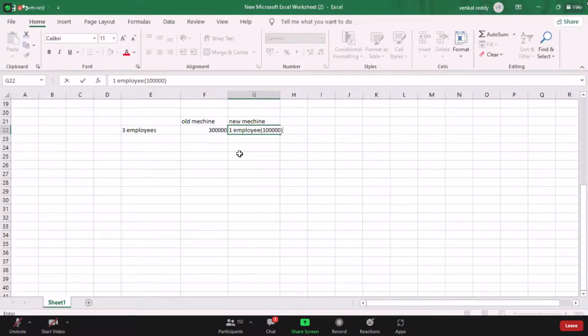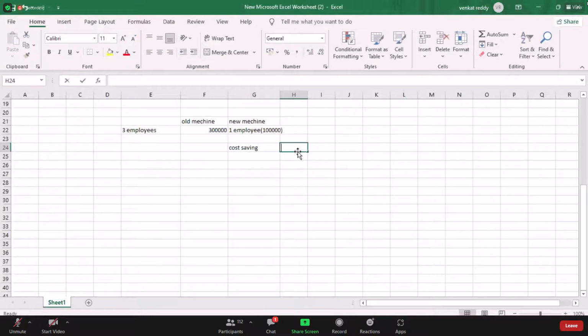So in this case, the company saved a salary cost of 2 lakhs, we say it as a relevant cash flow. I hope it is clear now.